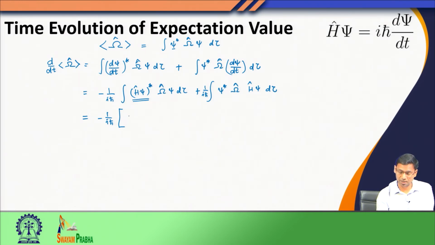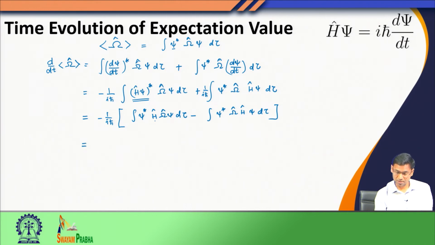The Hamiltonian is Hermitian, so I can write this in this way. Now you see I have two integrals over here. These are the two operators, and the functions are actually the same in both cases.